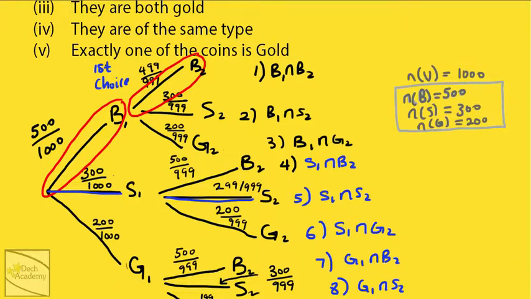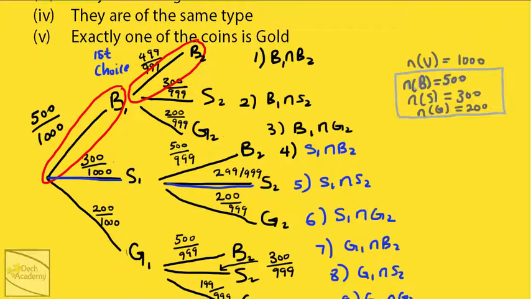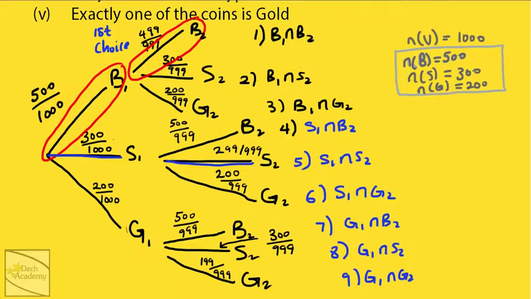So, the probability that both coins chosen are of the same type. For the choices to be of the same type, they're either bronze and bronze, silver and silver, or gold and gold.